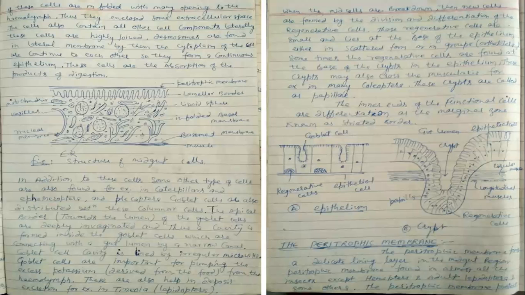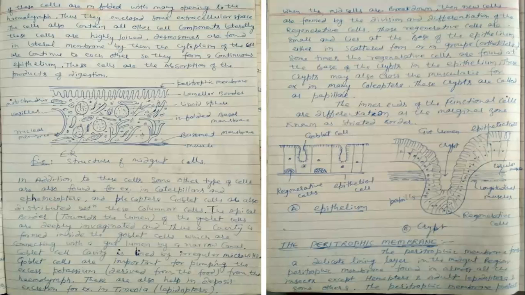These crypts may also cross the muscularis. For example, in many Coleoptera, these groups are also called nidi. The inner end of the functional cells is differentiated as the marginal zone known as the striated border.